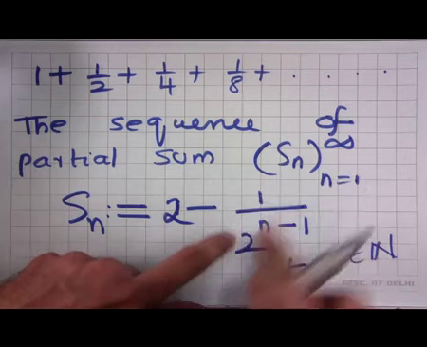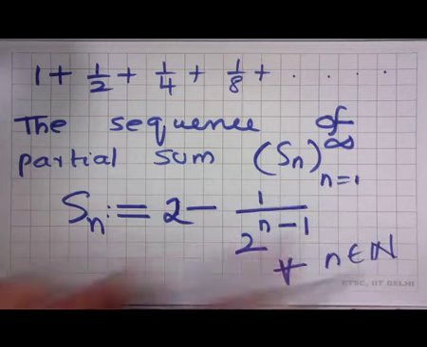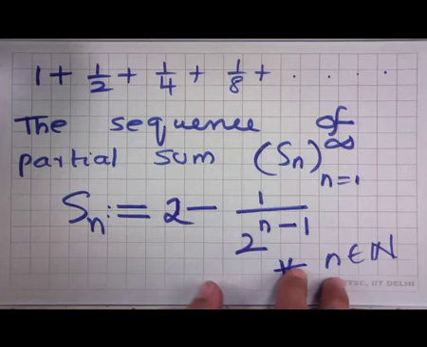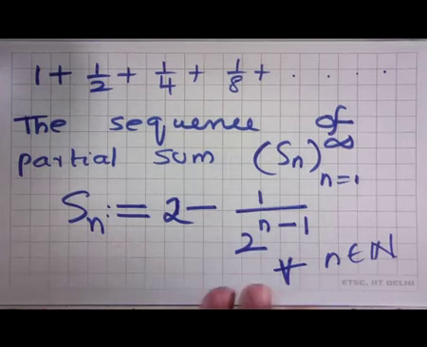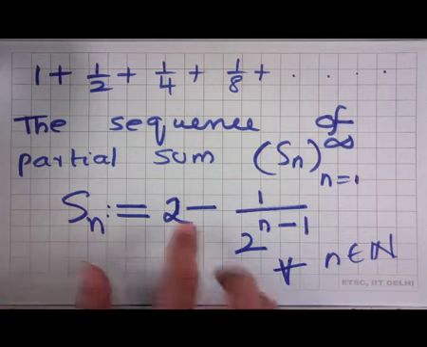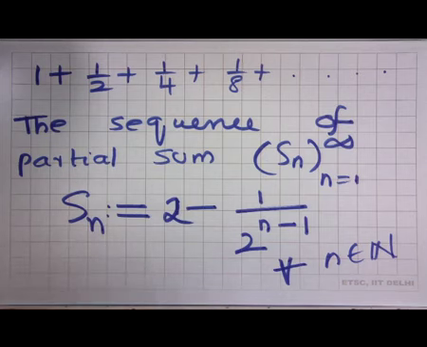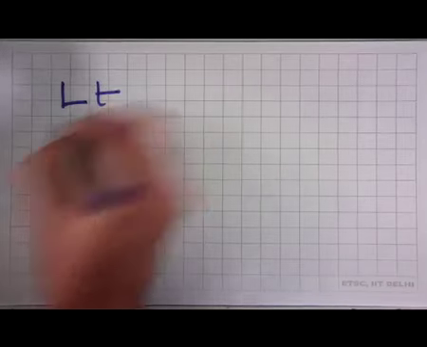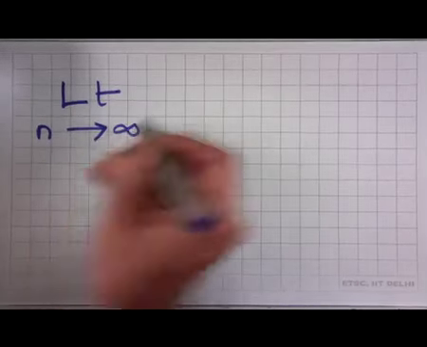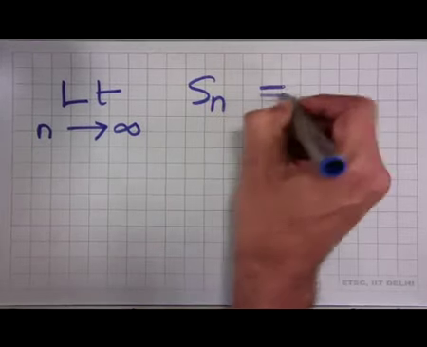So, 1 by 2 power a large value goes to 0. So, as n becomes larger and larger, Sn becomes closer to 2, which we write as limit n tending to infinity Sn is equal to 2.